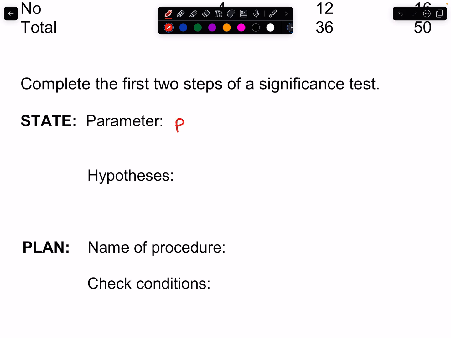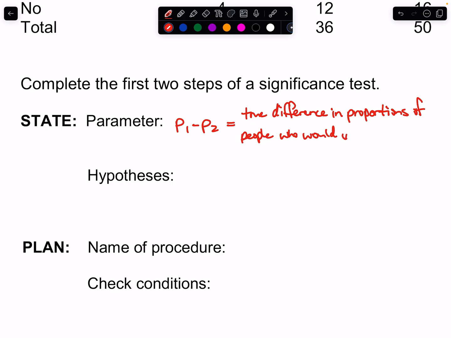We're looking at P1 minus P2, which is the true difference in proportions of people who would yawn. And we're looking at seed minus no seed.